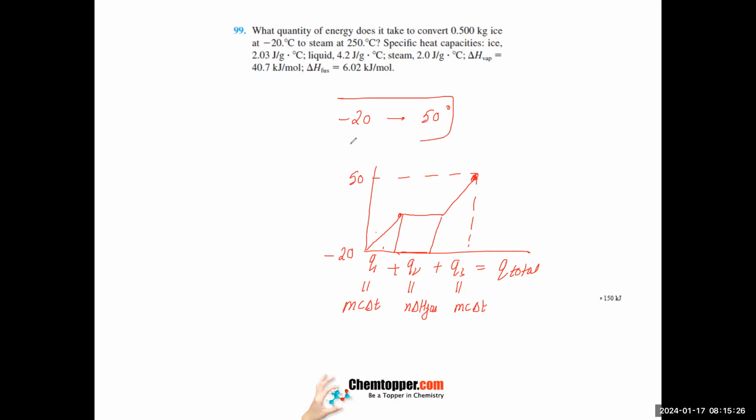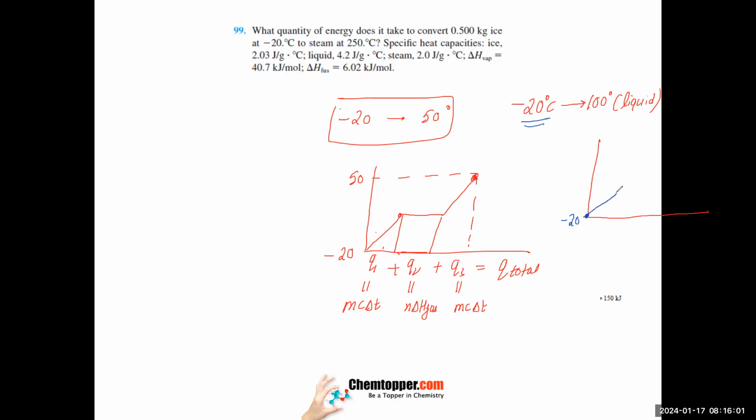This is one example. Second example. You are starting with -20 degrees Celsius ice. And then the temperature is 100 degrees Celsius, but it is liquid. It's not gas yet. It's liquid. How much heat? That's the question. Then how will the graph go? Check, children. You start with -20, lowest temperature.